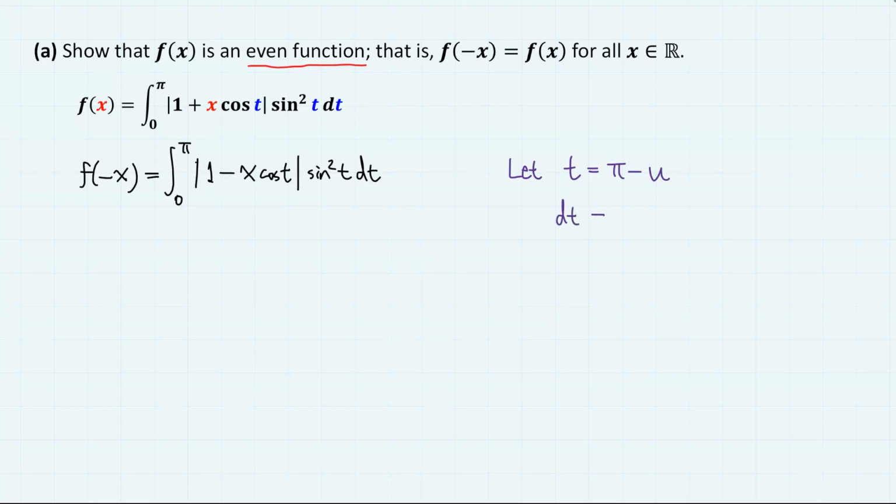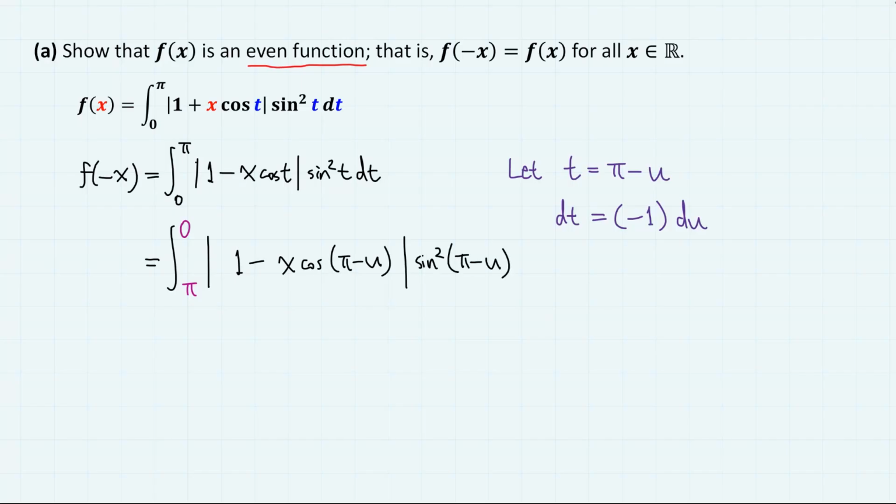This gives dt equals -1 times du. So we have the integral, and the interval changes from pi to 0, of the absolute value of 1 minus x cosine of pi minus u, times sine squared of pi minus u, times -1 times du.